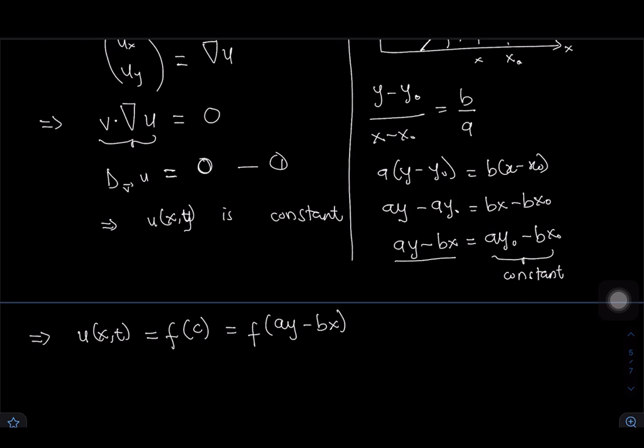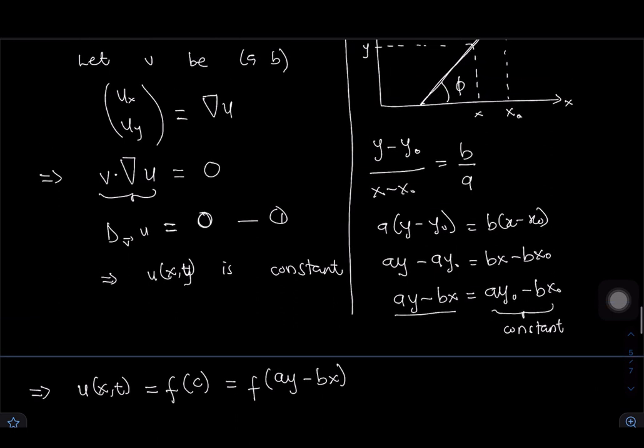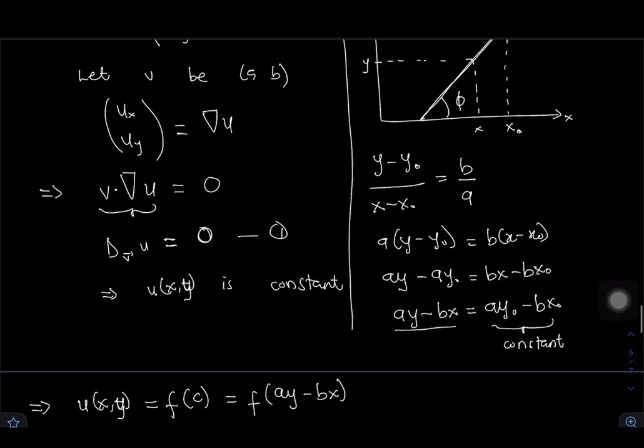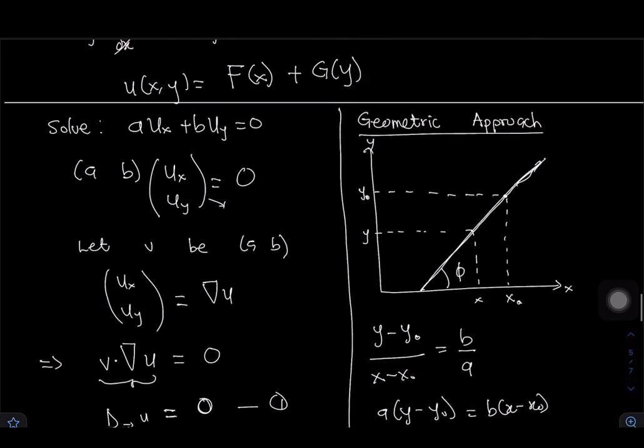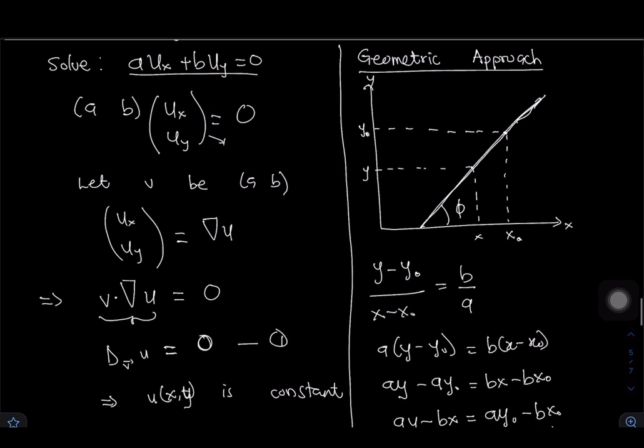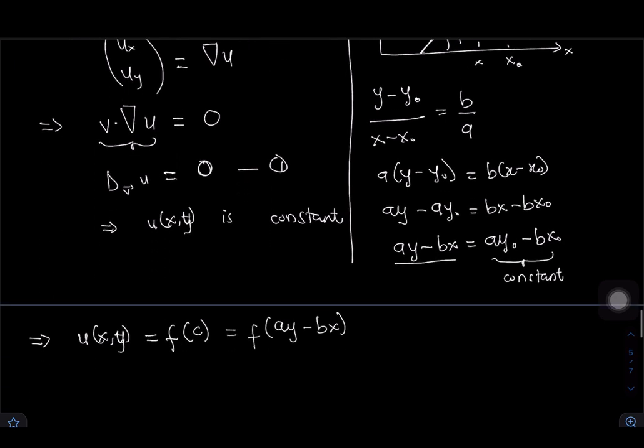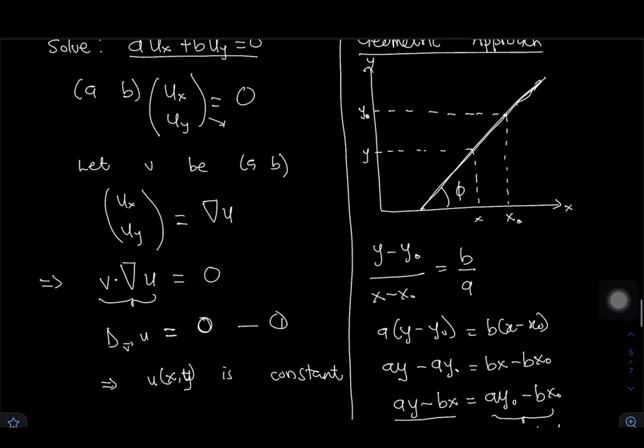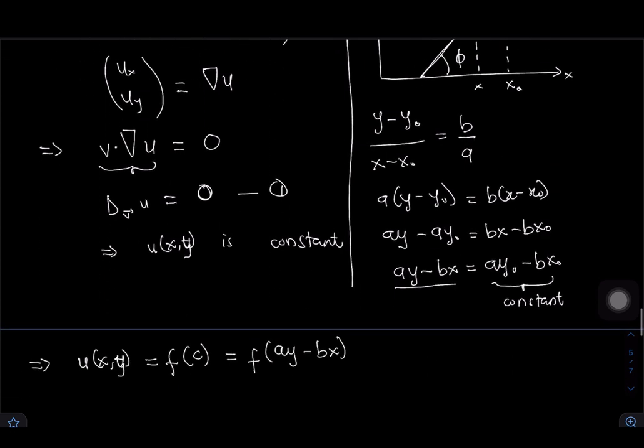It's a bit rough, but it makes a lot of sense. So if I'm given any PDE of this form, all I need to do is find f of c, a function of a constant, and that constant is always going to be ay minus bx.